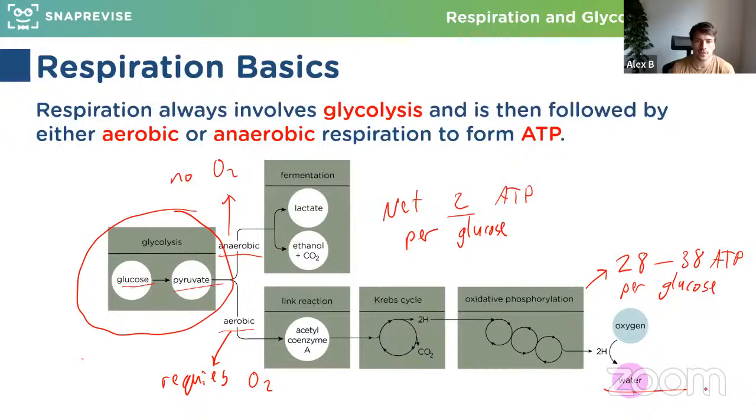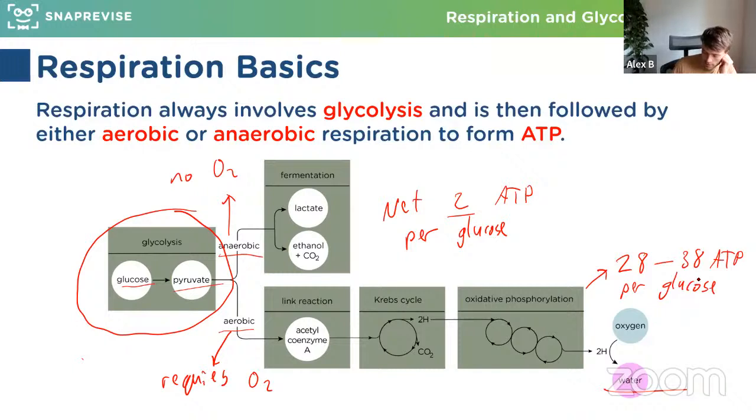And this one can cause problems. If the CO2 builds up too much, then it will lower the pH, and that can eventually denature proteins and enzymes. However, the body's got a very good mechanism for removing CO2. We just put it back into the bloodstream and we exhale it, so we get rid of it. So the waste products aren't that bad from aerobic. The CO2 is easy to get rid of.